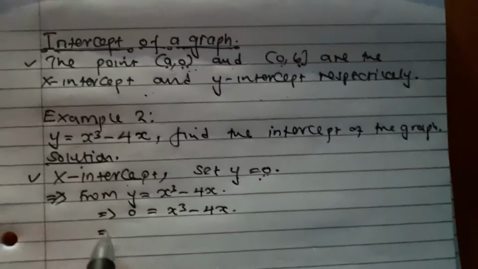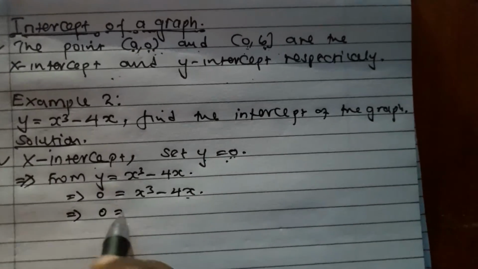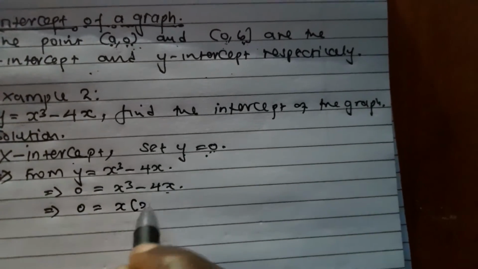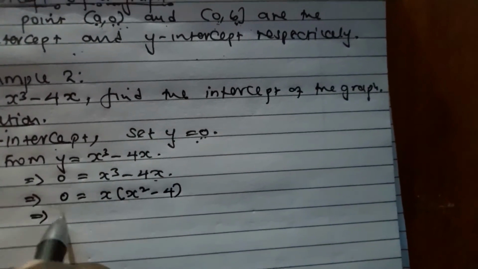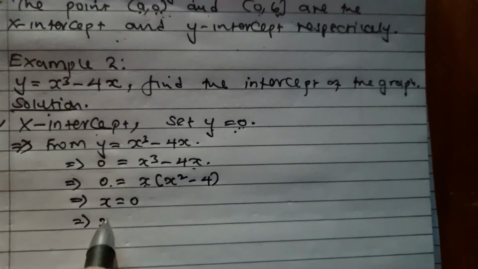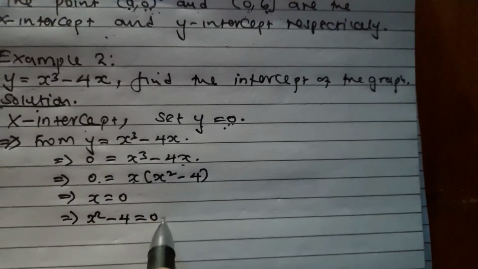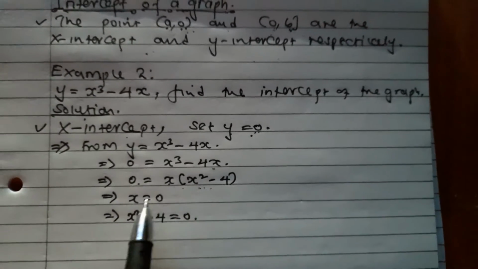We can go ahead and factor out x here. So we will have 0 is equal to x times x squared minus 4. So this implies that x is equal to 0, and it also implies that x squared minus 4 is equal to 0, because these two are connected by multiplication.